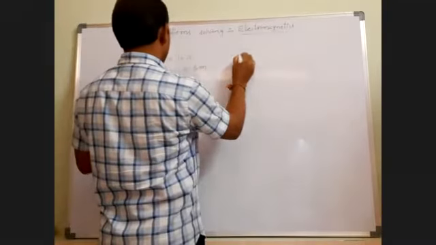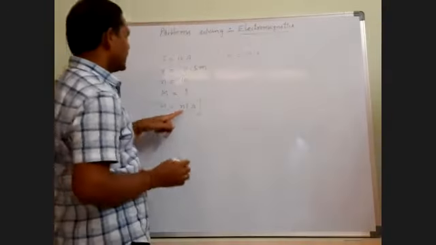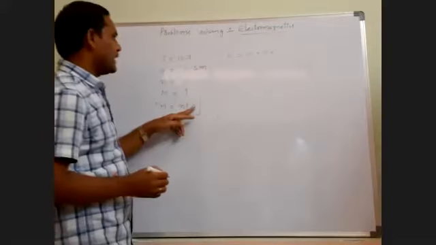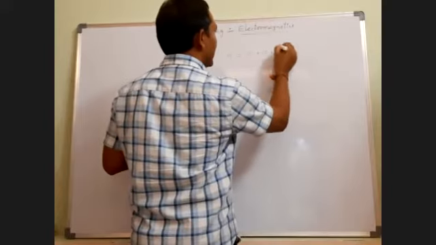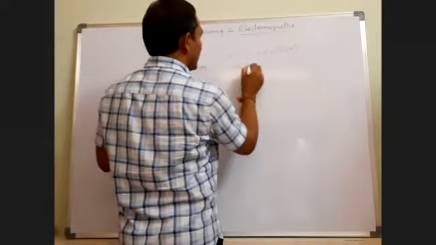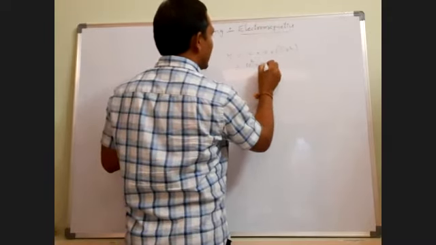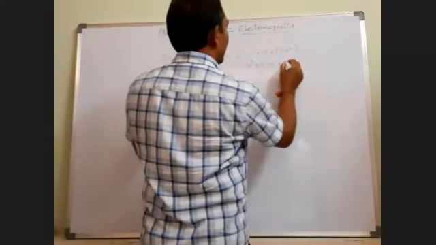M is equal to number of turns, 10, current 10 amps, and the area of the circle is pi r square, since it is a circular loop.